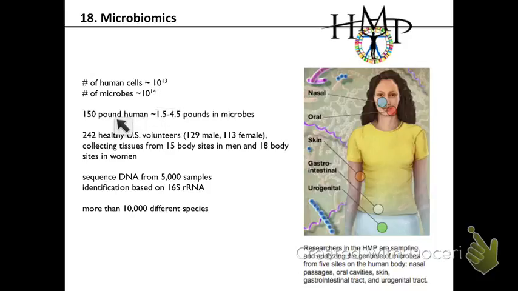And if you try to convert that into an estimate of how many pounds of microbes each of us carries, for a 150-pound human, that would correspond to somewhere between 1.5 and 4.5 pounds of microbes, right? Pretty cool.